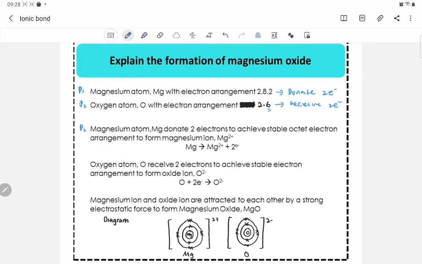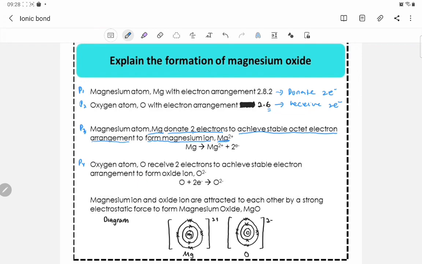So magnesium atom, Mg, donates 2 electrons to achieve stable octet electron arrangement to form magnesium ion.